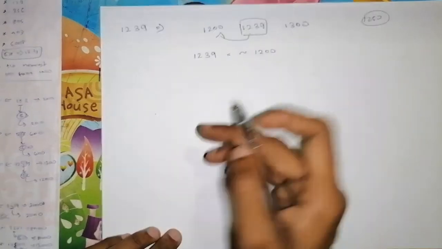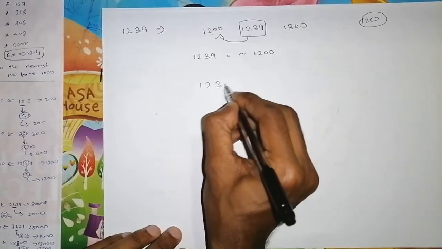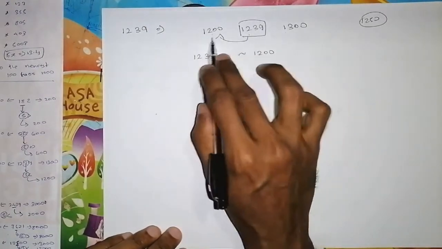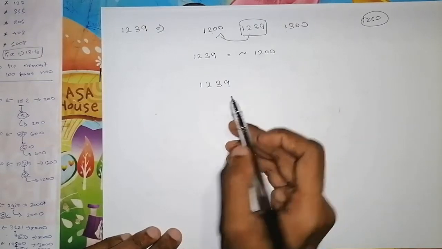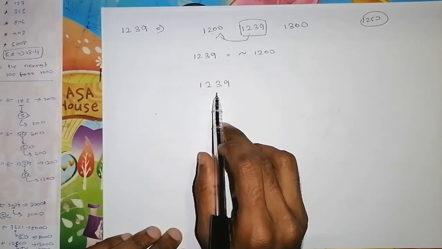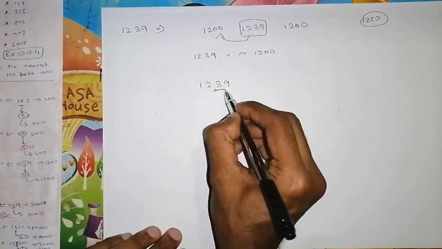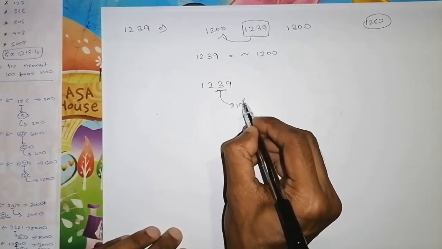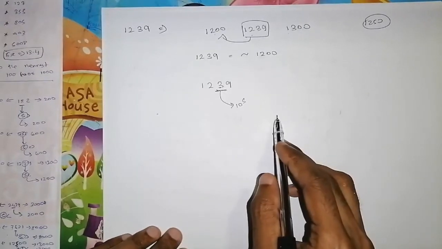Okay, we'll take the second method. 1239, we know it is between 1200 and 1300. If you want to round off to the nearest 100, you should check the 10th position. The value in the 10th position is 3. So 3 is less than 5.